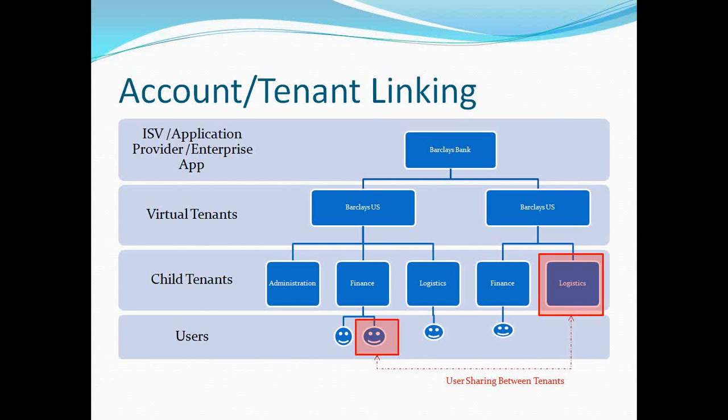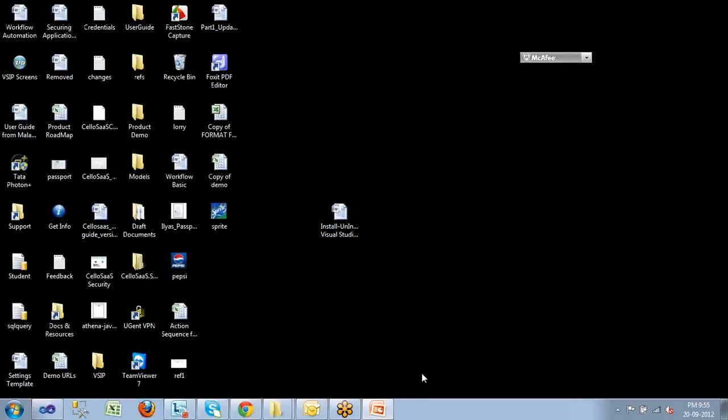While these two companies can act as two different tenants within the system, from a user perspective it is immaterial to me, and I want a single point of view of all my transactions. So that's a scenario where user linking or user sharing becomes a very handy feature. We'll look into this at a later point in time, but just for your information, we share that.